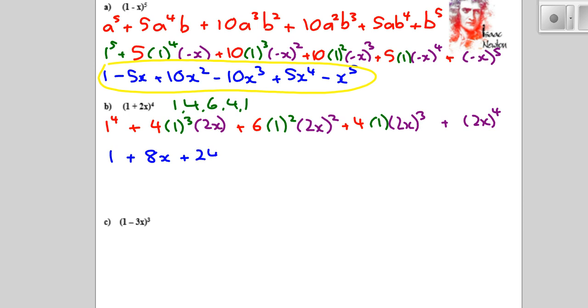2x times 2x times 2x, what would that be? 8 squared. Close. 8x to the power of? Very good. 8x cubed times 4, 32x cubed. Also check, you can see powers of x are going up, that's good. And then 2x times 2x times 2x times 2x.